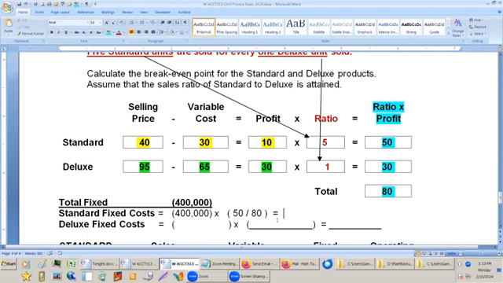Do the math and then I'll clean this up. $250.